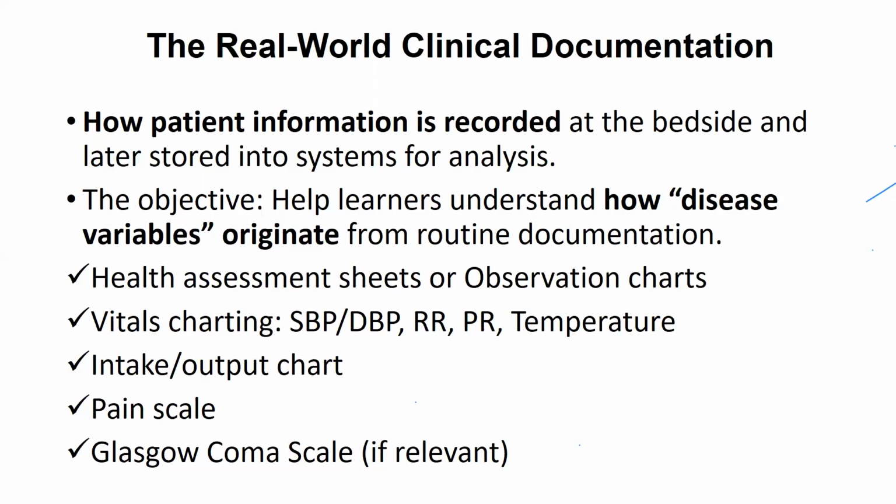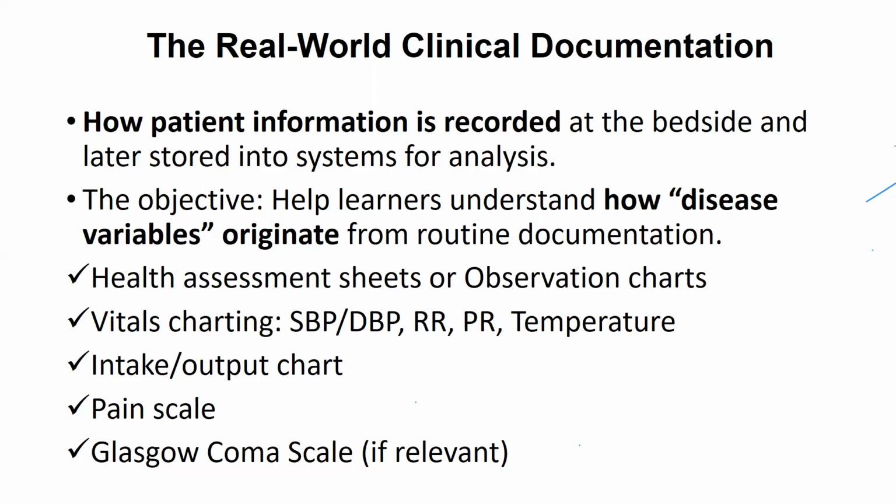So these include health assessment sheets or observation charts. From these we can collect vitals, for example systolic BP, diastolic BP, respiratory rate, pulse rate, temperature, etc. We can take intake and output charts, like urine output for kidney disease patients.